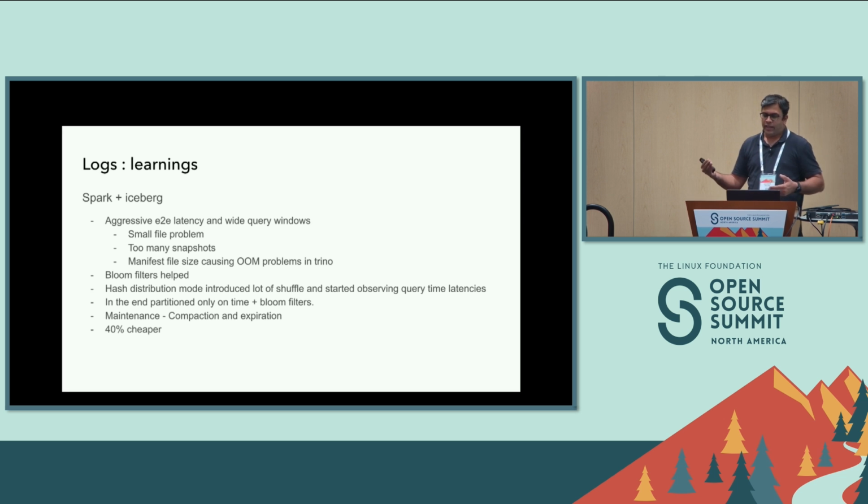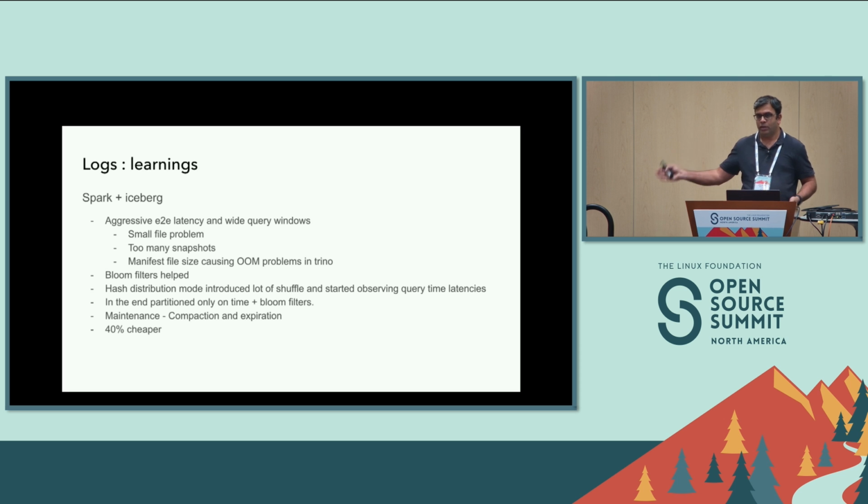So we tried testing with Bloom filters, which means initially we looked at the queries that are being executed, and then we tried to formulate the partitioning scheme based on the queries, etc. But that didn't help. In fact, old queries were never a good predictor of what the future is going to be. So we went back and said, okay, we are going to use only time-based partitioning, and for all alphanumeric columns in the data, we are going to use Bloom filters.